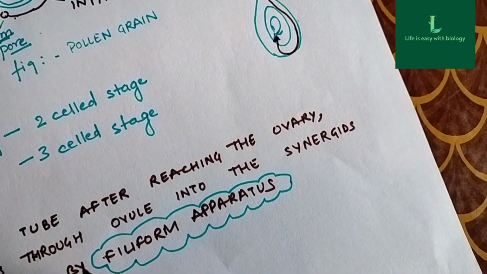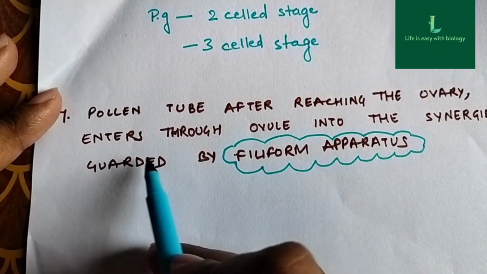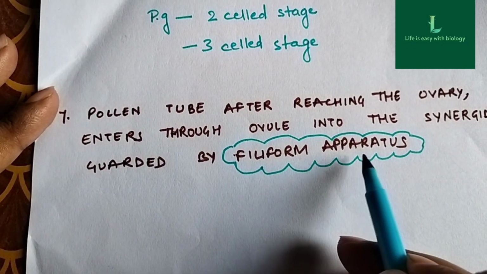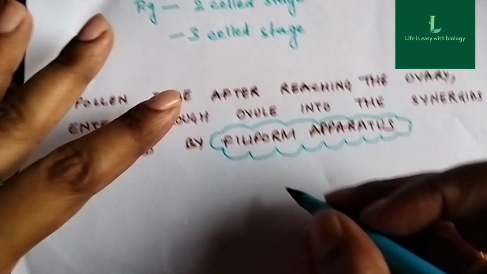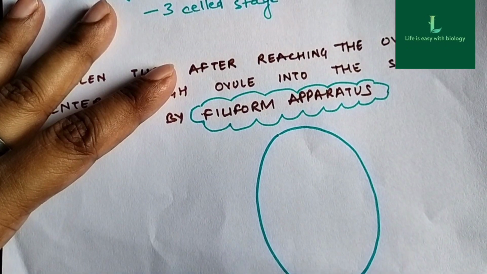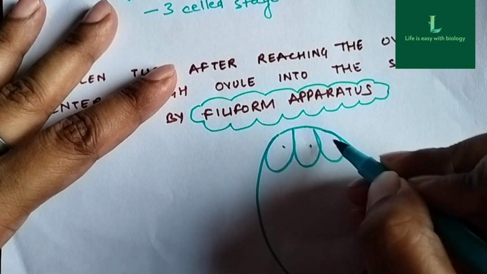Now pollen tube after reaching the ovary enters through the ovule into the synergids guarded by the filiform apparatus. See, this was the embryo sac which we have studied. Here were the antipodal cells, the 3 cells at the chalaza end.